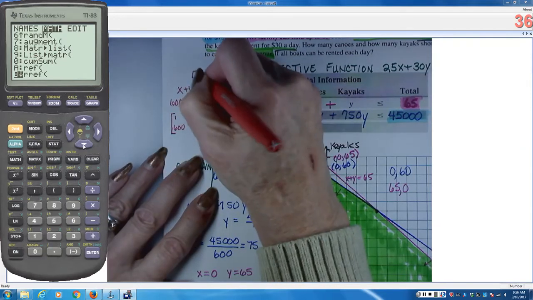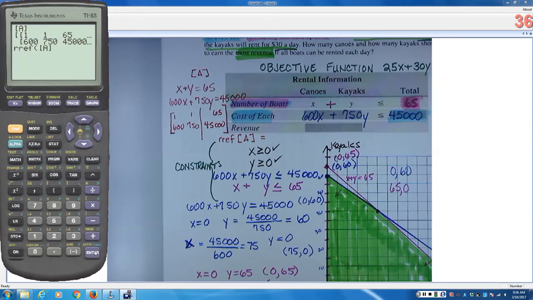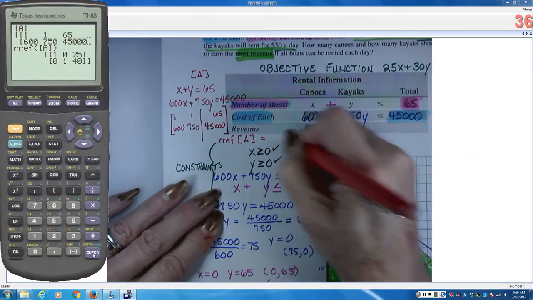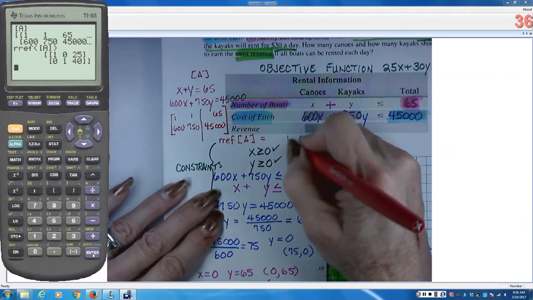So this is matrix A. And RREF for matrix A is 1, 0, 25 and 0, 1, 40.